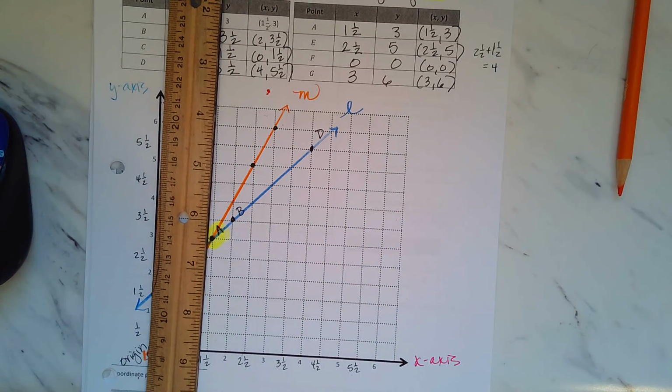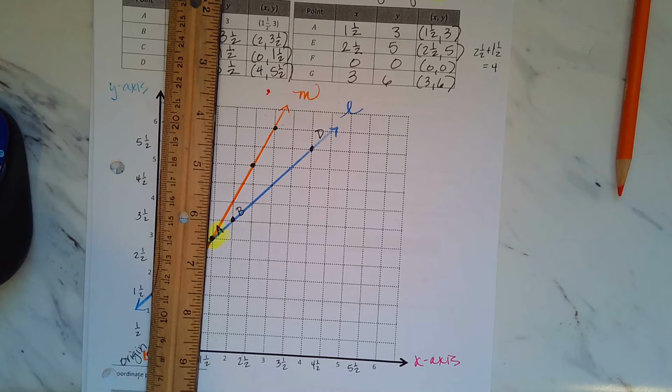We learned about rules with mixed operations yesterday. Maybe there's a line with a mixed operation rule that could contain point A. There are a lot of lines that go through point A.